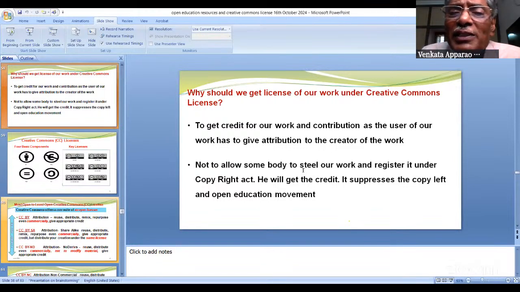Why should we get license of our work under Creative Commons license? Why should we? Right? Without licensing, we can simply publish it. Why should we get license at all? What is the reason? What is the purpose? The first thing is, after all, you are a creator of new knowledge, or you are creator of a new video.